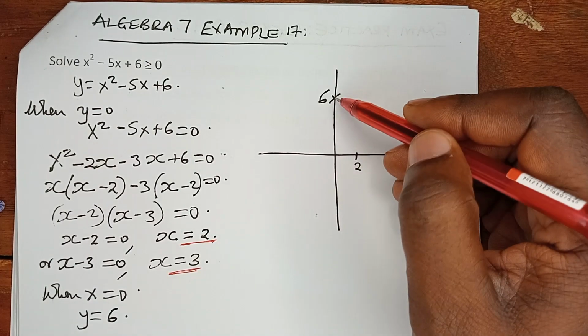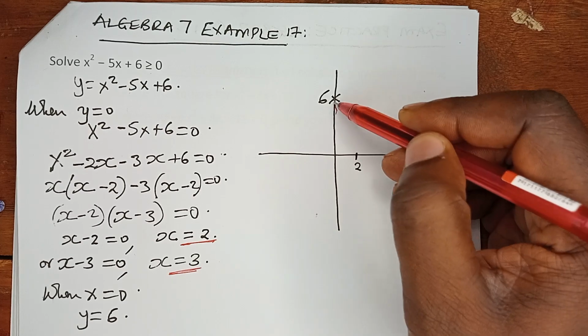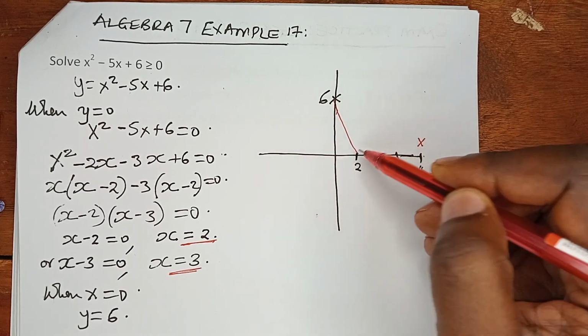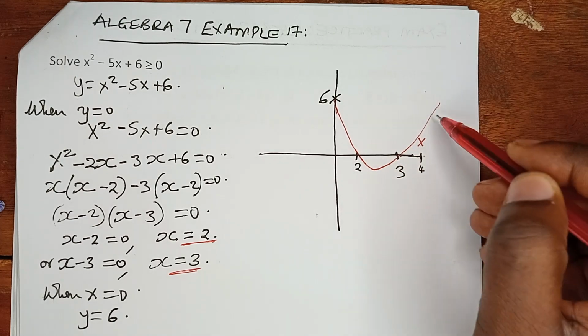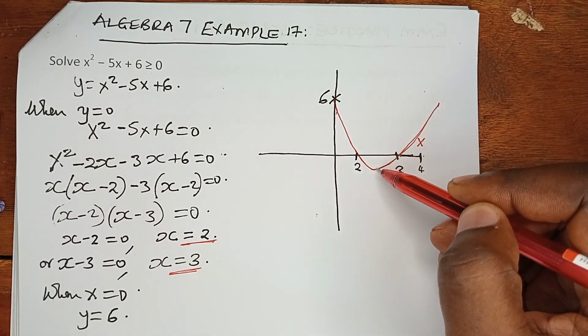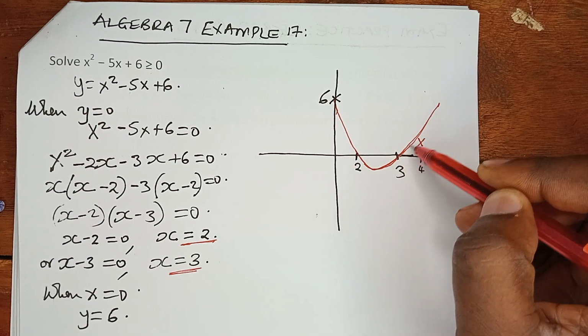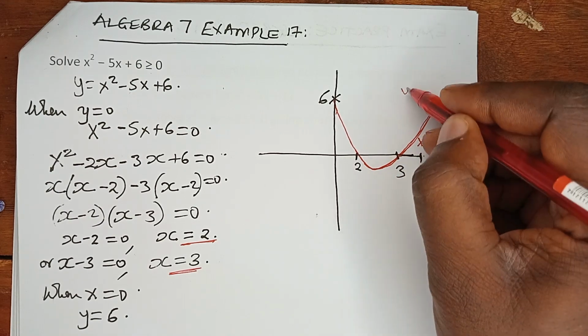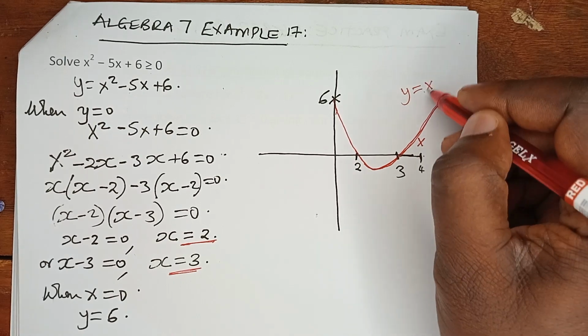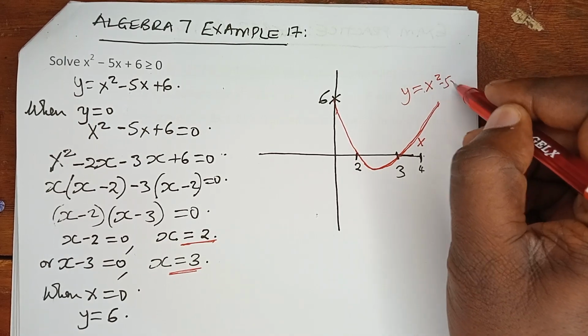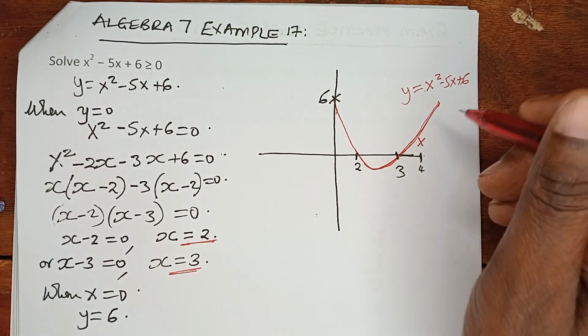And because the graph is coming from this side, we are having a U-shaped graph, looking like that. The graph itself is y equals x squared minus 5x plus 6.